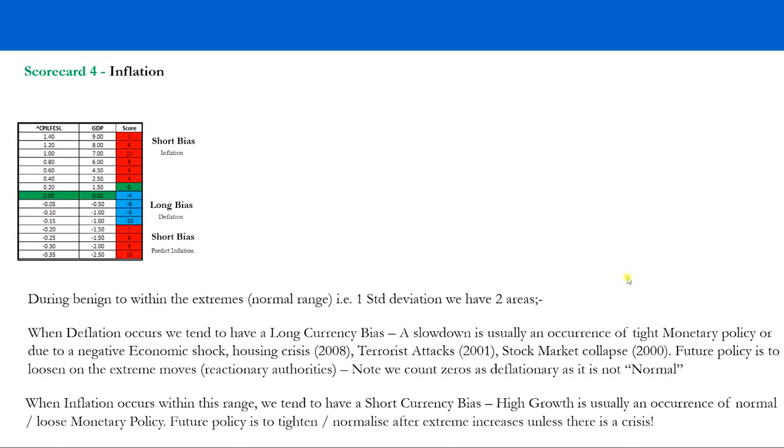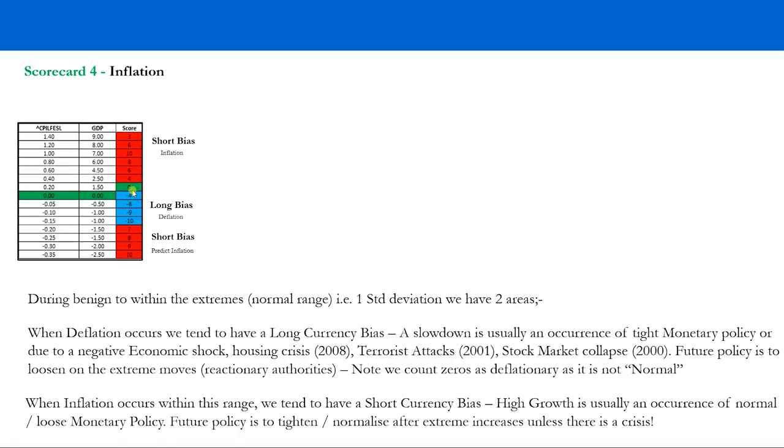So we've seen what's normality during the benign to within the extremes, so the normal range, one standard deviation. We've got two areas. So when deflation occurs, we tend to have a long currency bias. And you can see here we have a zero value that is scored as a deflationary situation.